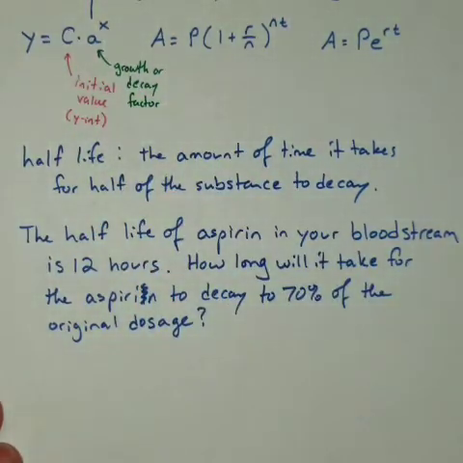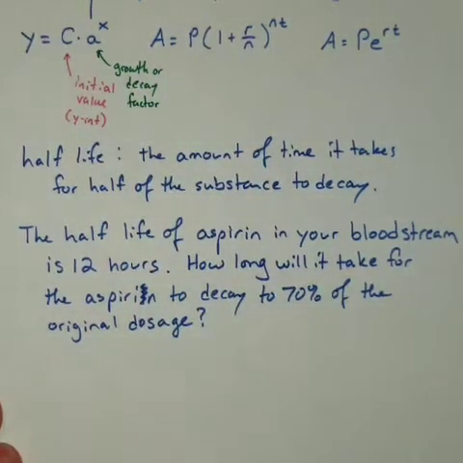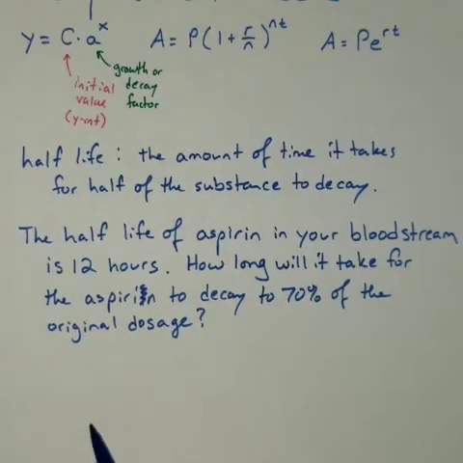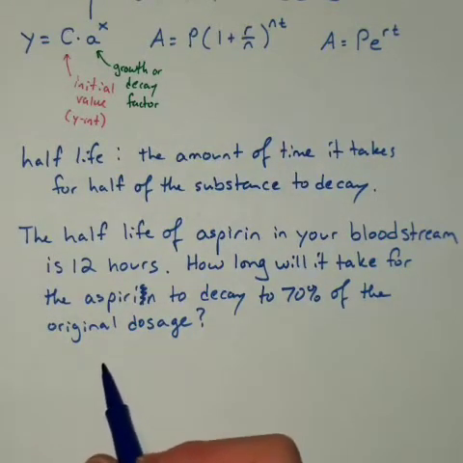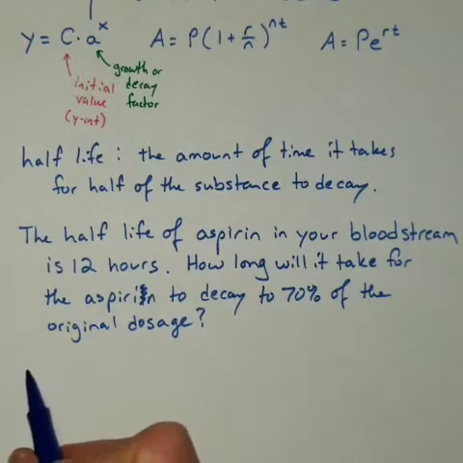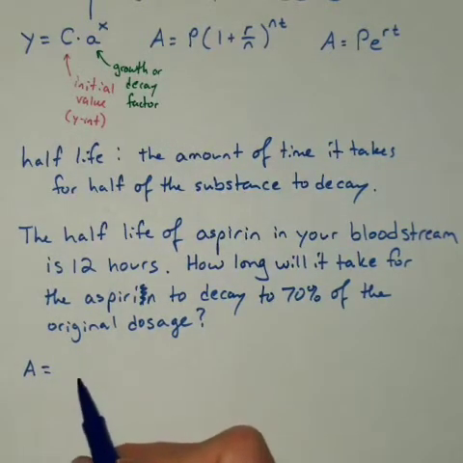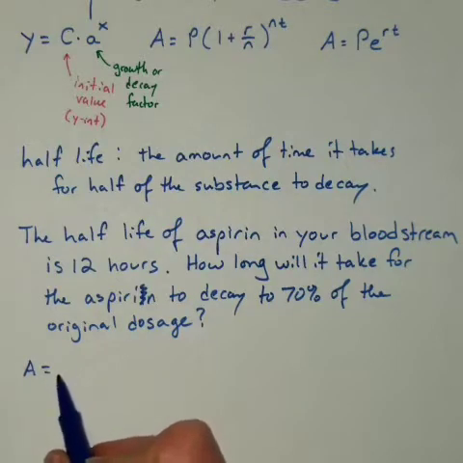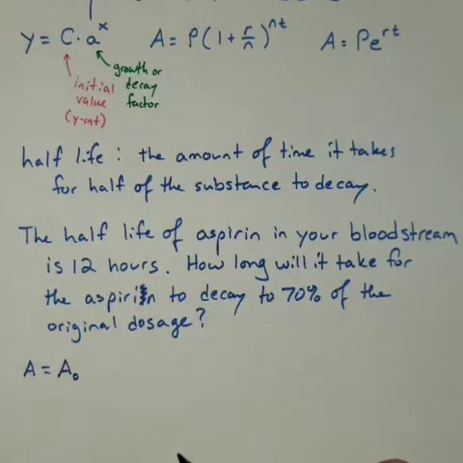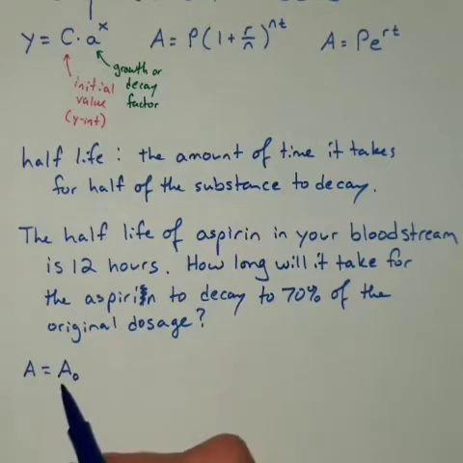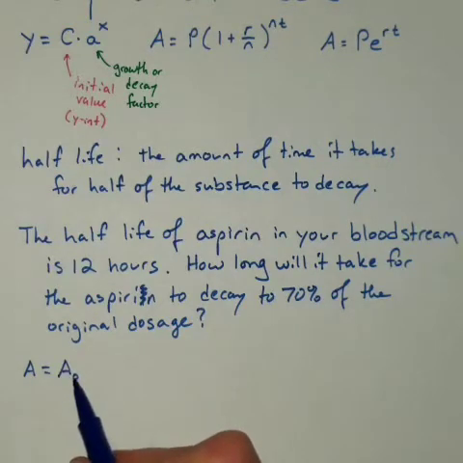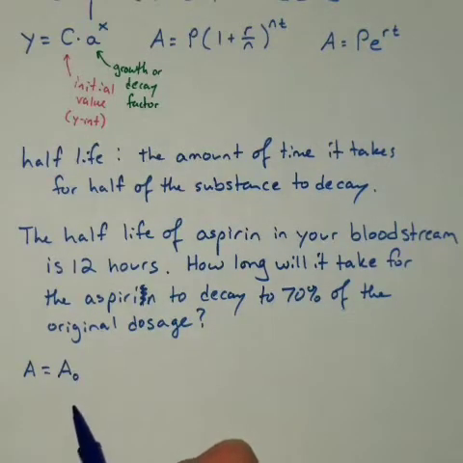for an exponential equation. The main idea is this: you have a final amount, which I'll call A. You have an initial amount, which I think your textbook is going to call A sub 0, a subscript of 0 there.